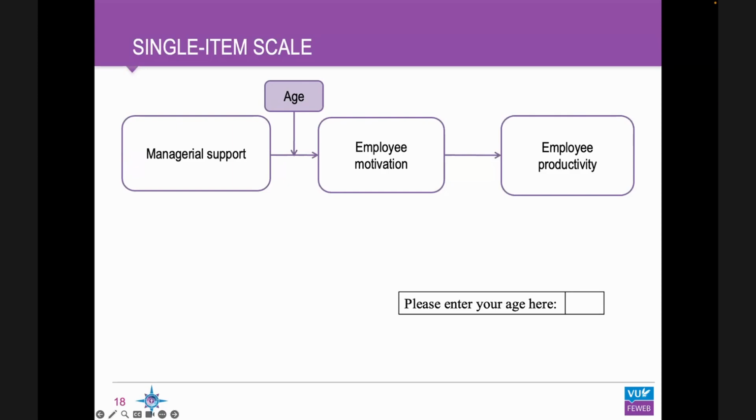Wouldn't the multi-item measures be qualitative? I'm not sure what you mean, but this can be a quantitative measurement as well. You basically ask, for instance, in the case of managerial support, we had the Likert scale from 1 to 5, and those are quantitative. So you will get numbers and you can process them as quantitative data.